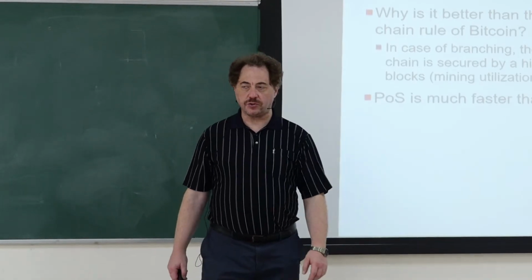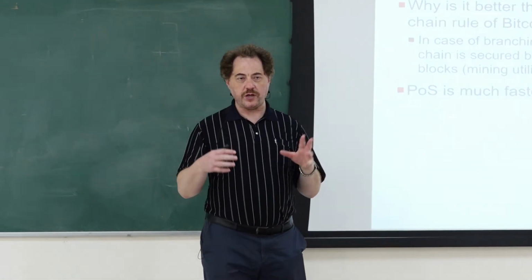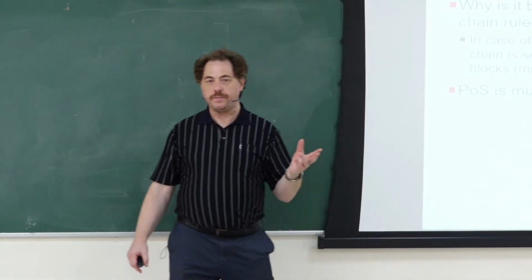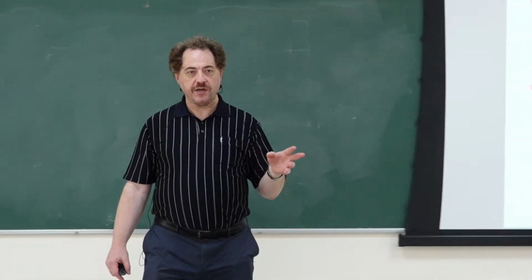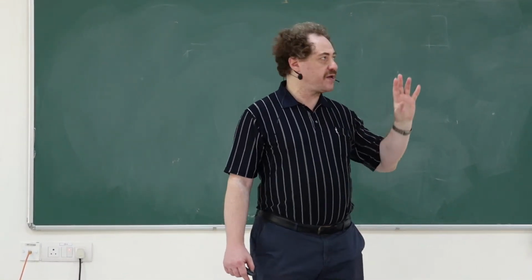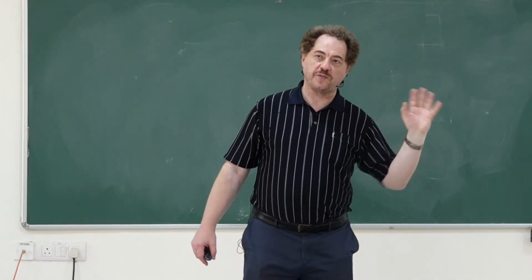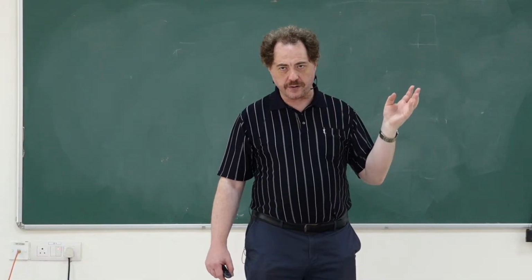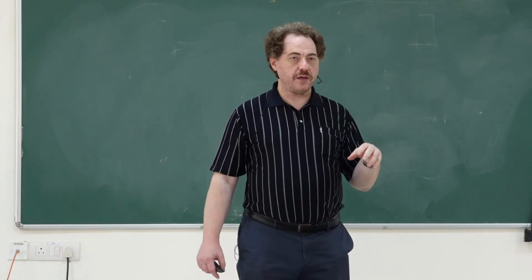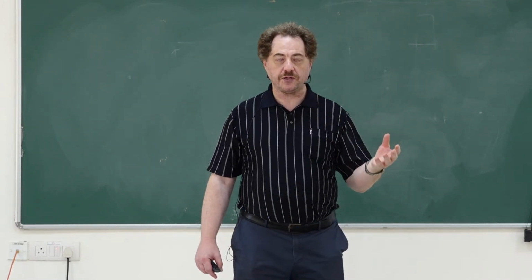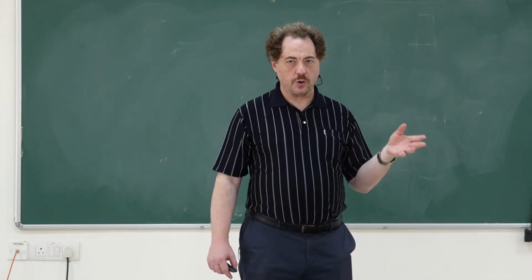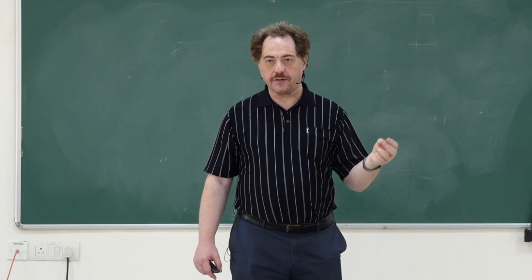So it has been shown, okay, so what's the big idea? Why do we want to do that? Because this way, the winning branch is secured by a high amount of work or stake. The same idea, by the way, is applicable both to proof of work and proof of stake. And the idea is that the winning block is secured by a high amount of work or high amount of stake.